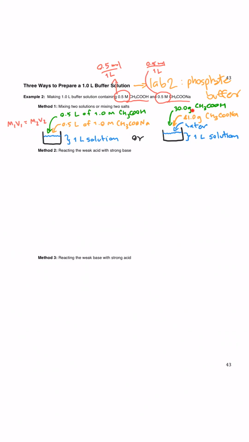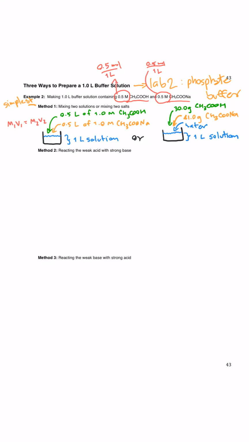This amount comes from converting these grams into mole by using molar mass. You can mix them together and then add water until the solution reaches 1 liter total. Therefore, this solution will also contain 0.5 mole of acetic acid and 0.5 mole of sodium acetate in 1 liter, which is identical to the previous method that we just prepared.